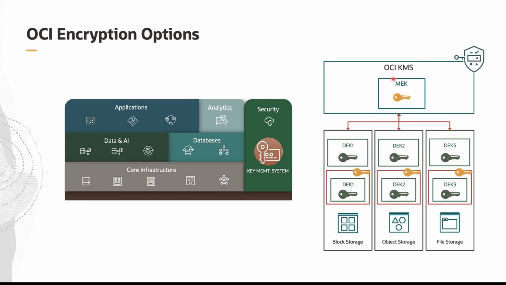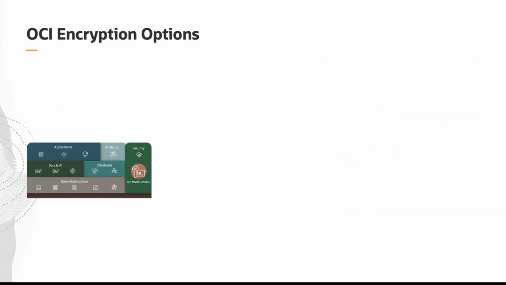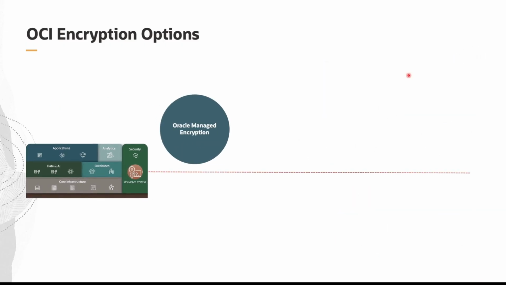Considering this, OCI KMS simplifies key management by centralizing the storage and management of encryption keys. It offers various encryption key types, including symmetric and asymmetric keys, to protect your data at rest and in transit. Under OCI KMS, we have several services intended to meet different encryption needs. First, we categorize them into Oracle managed keys and customer managed keys.